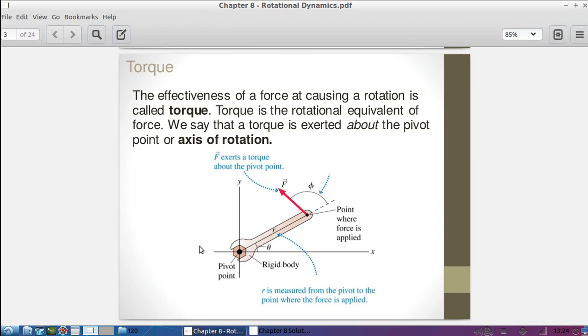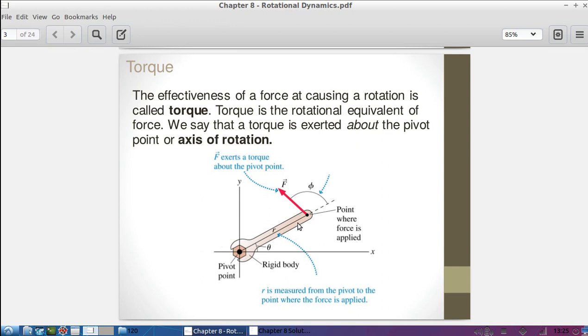So it's going counterclockwise. I expect this bolt to be loosened. But this force is causing this to rotate. So this force is not necessarily causing a tangential or a linear acceleration. It's causing an angular acceleration. Okay, it's causing an angular acceleration.